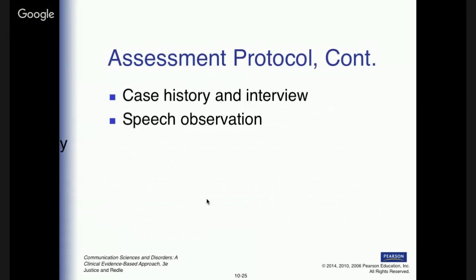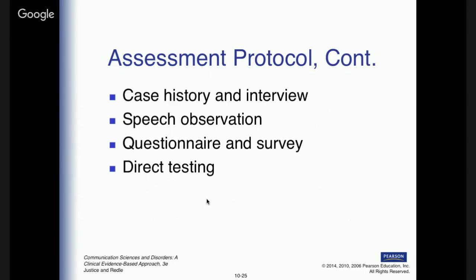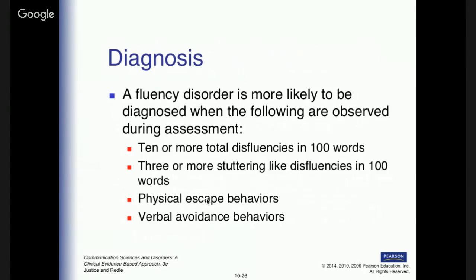I've got a case history and interview, a speech observation, question and survey, direct testing. A fluency disorder is more likely to be diagnosed when at least one of the following is observed: either 10 or more total disfluencies in 100 words. We don't really use that as much as was done in the past.